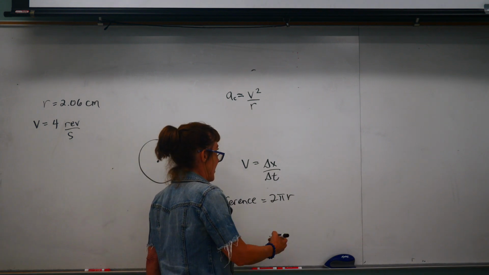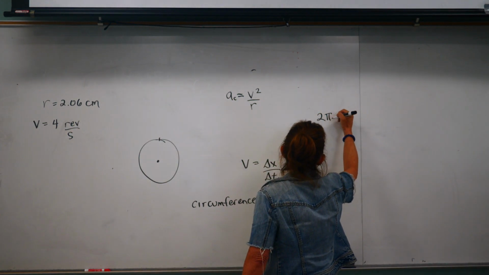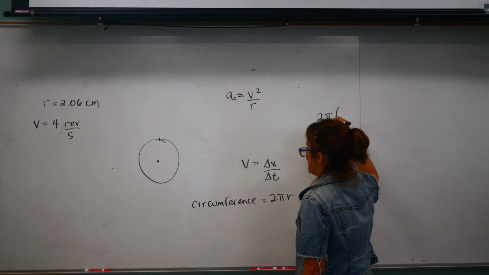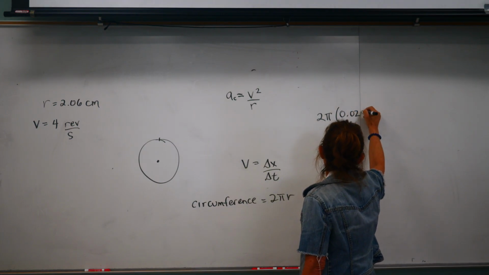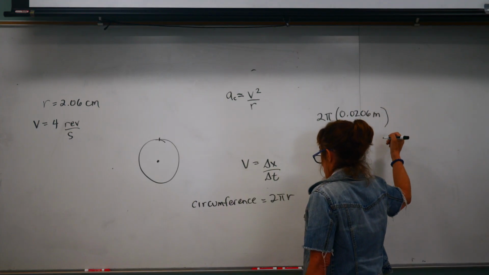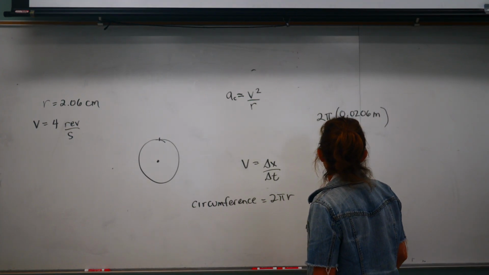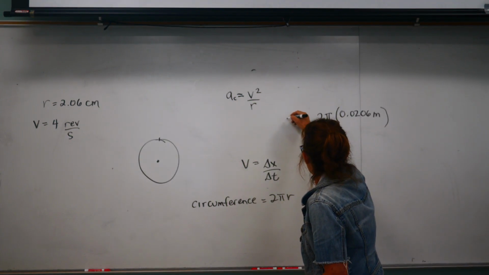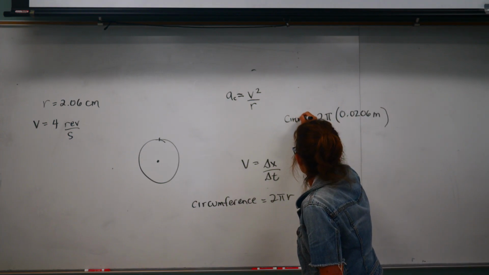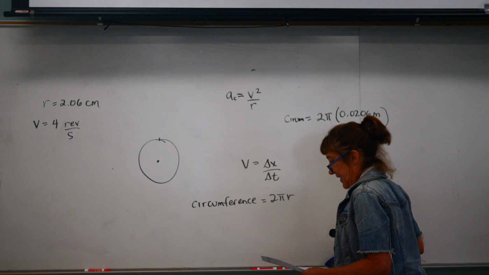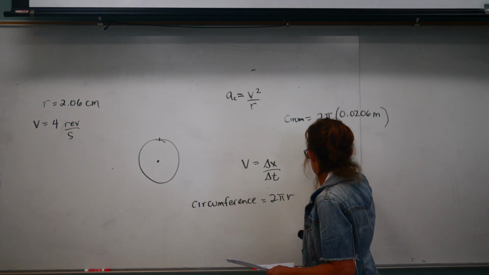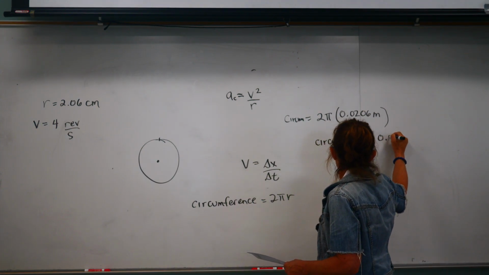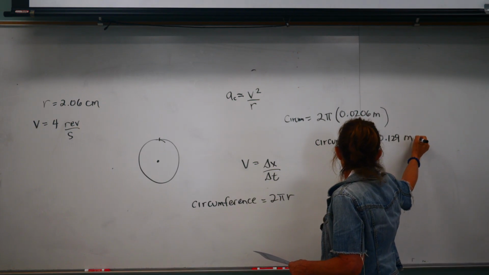So we have 2 times pi times, let's convert, 0.0206 meters. Does anybody have that value? 0.129 meters.